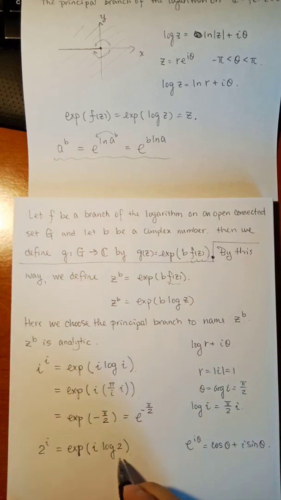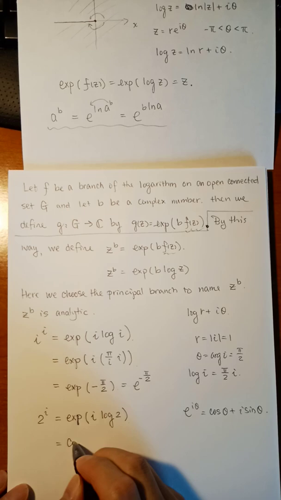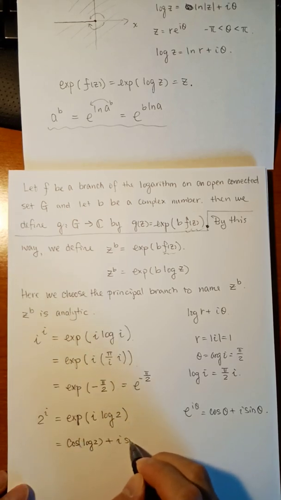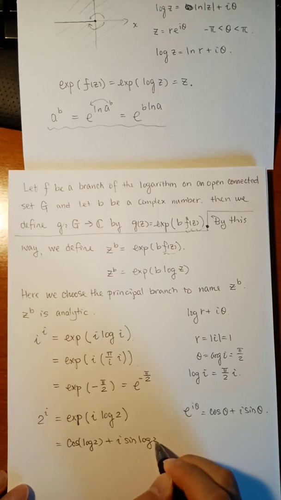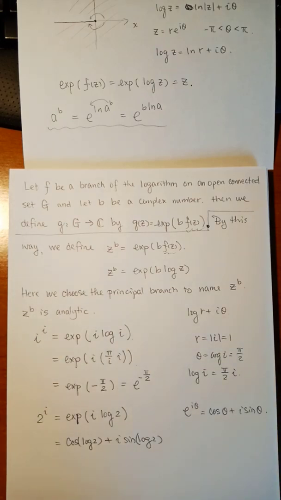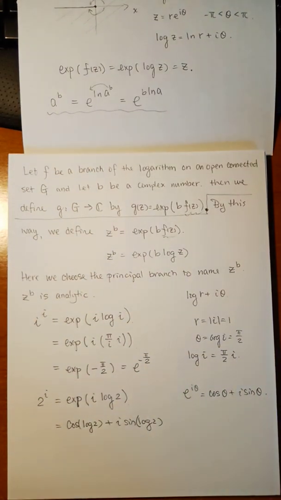Remember that? This is called Euler's identity. So it's cosine of log 2 plus i sine of log 2, whatever number it is, right? Okay. Yeah, that's it. Very nice.